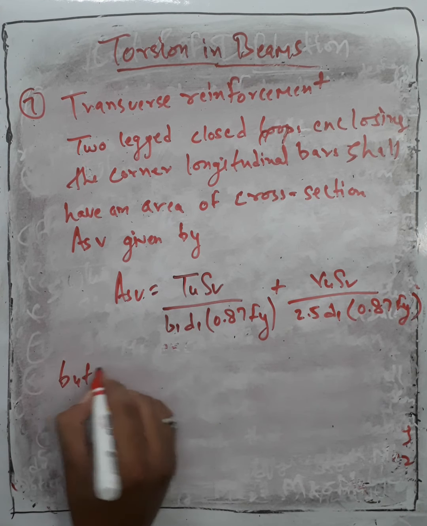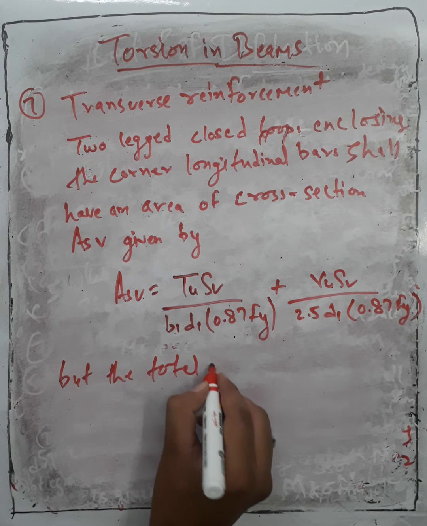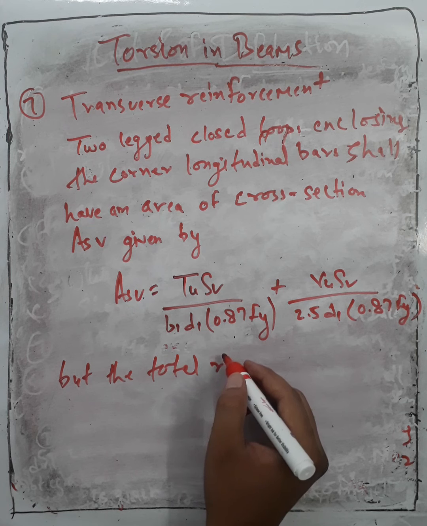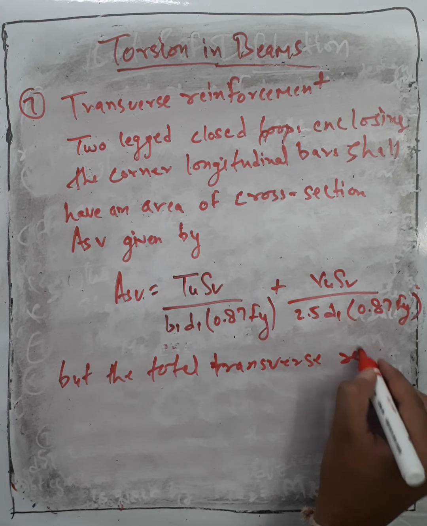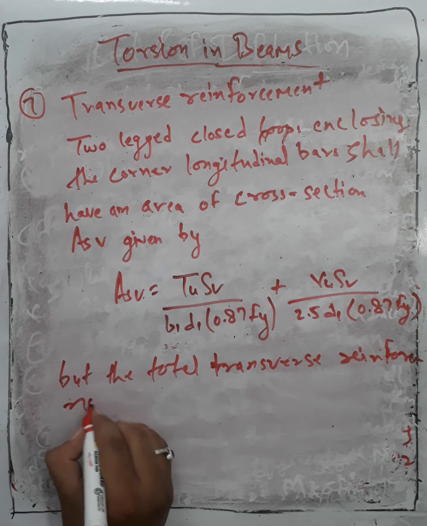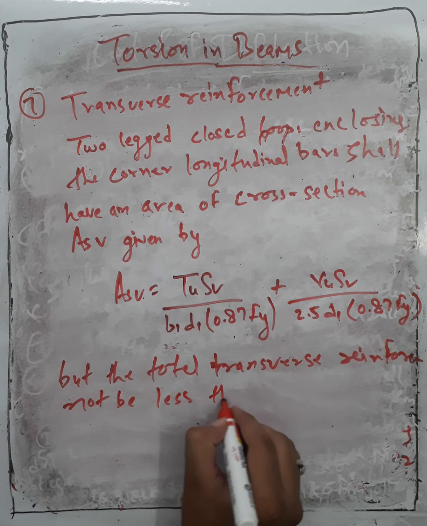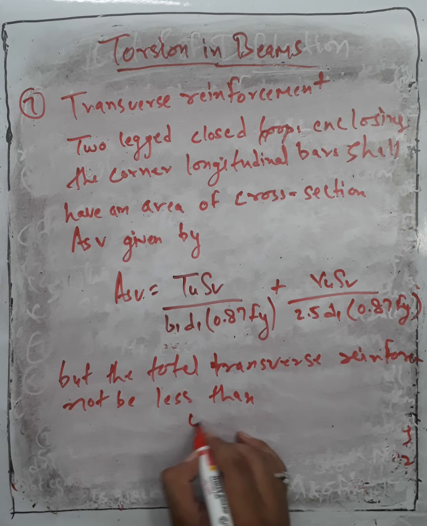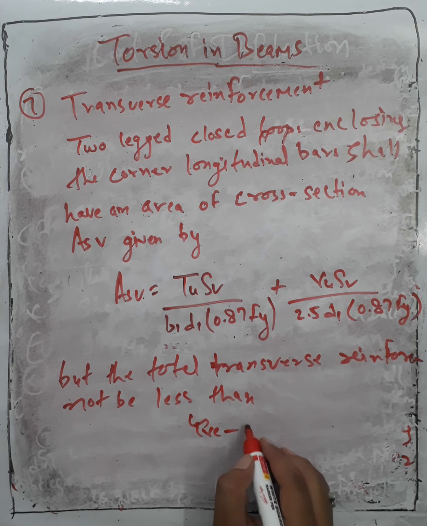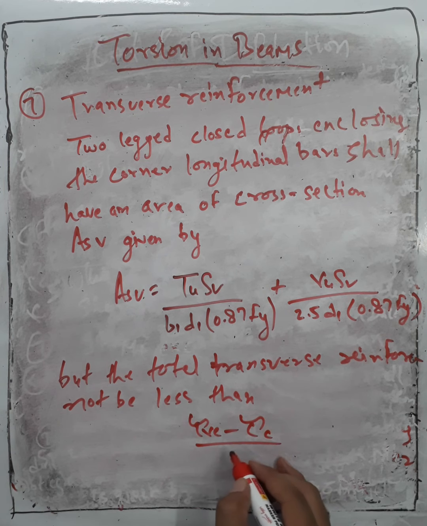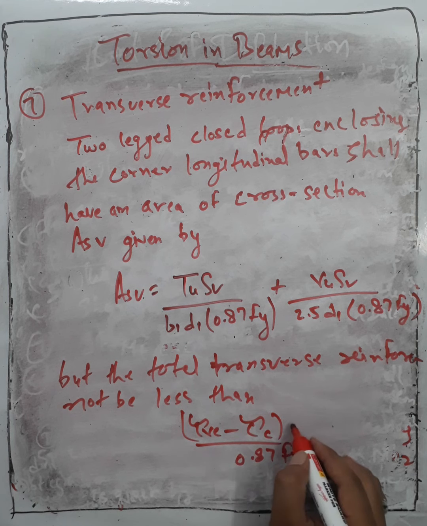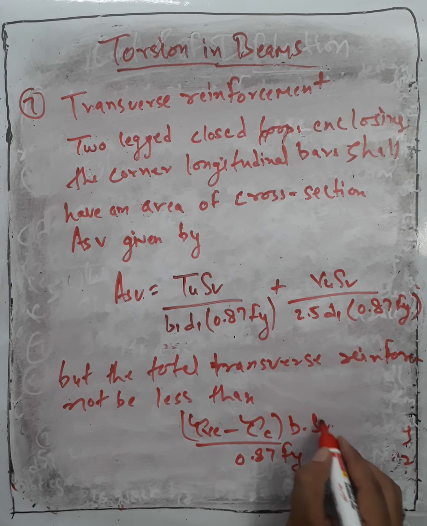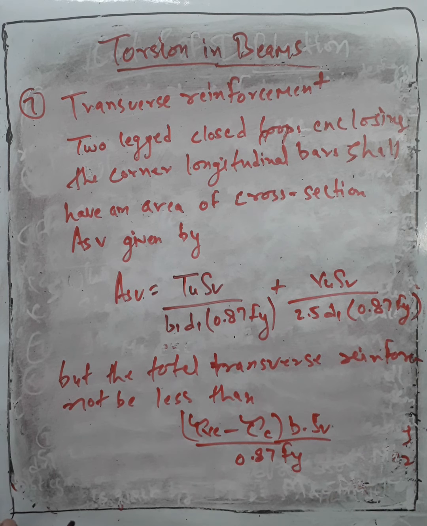but the total transverse reinforcement should not be less than (tau VE minus tau C) b SV upon 0.87 fy.